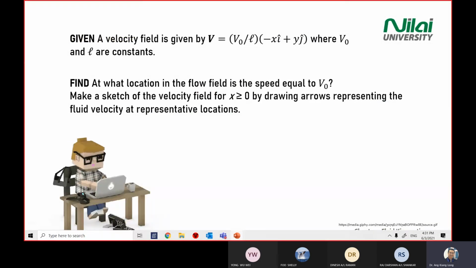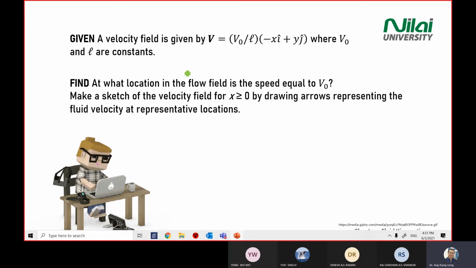Okay, we start to look at the application of vectors for this module. If you haven't downloaded the tutorial questions, you may look at question number 7. It's exactly the same as what you see on the screen here.